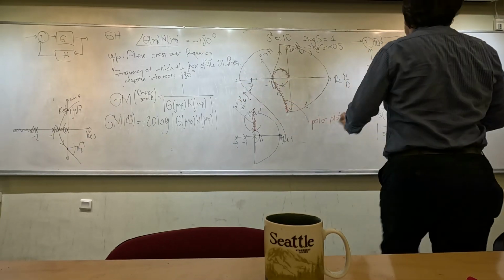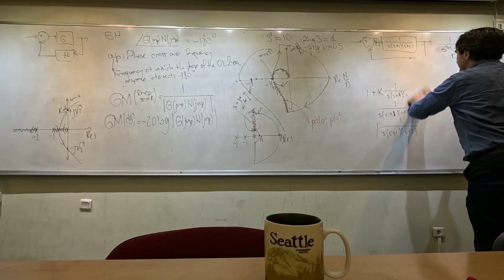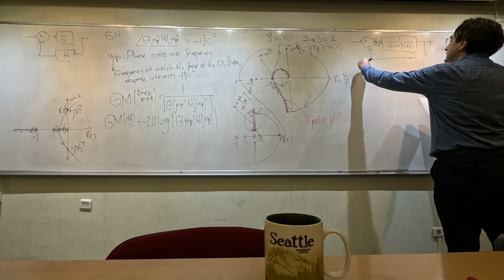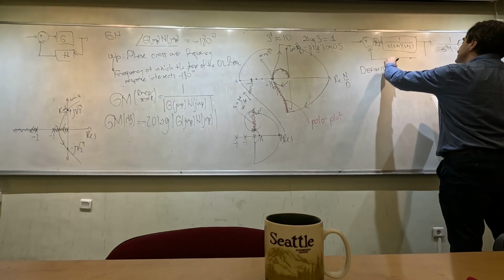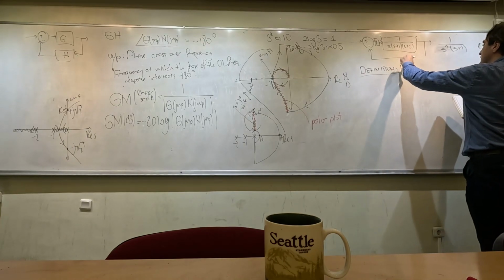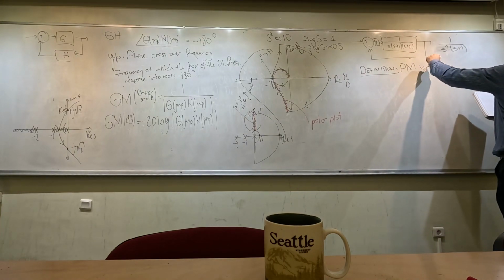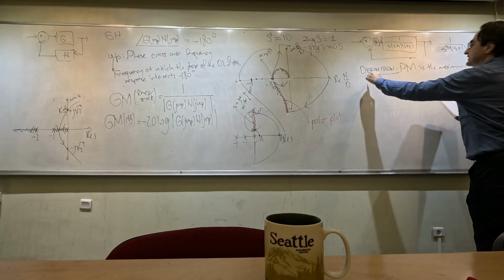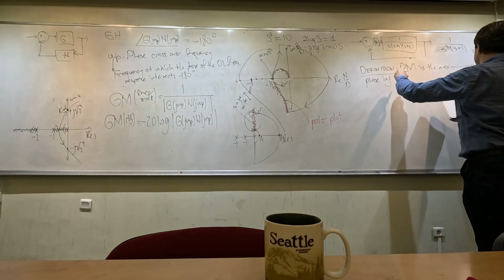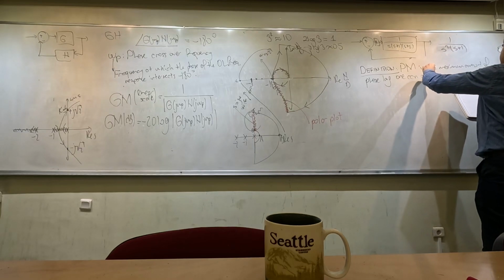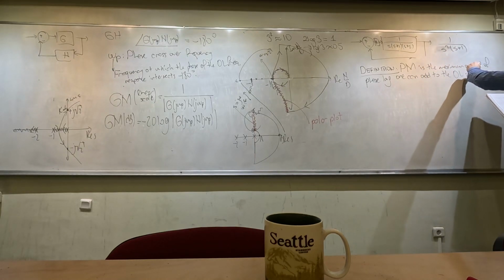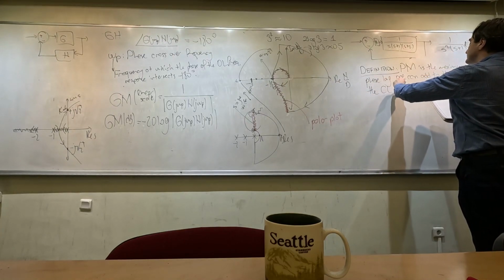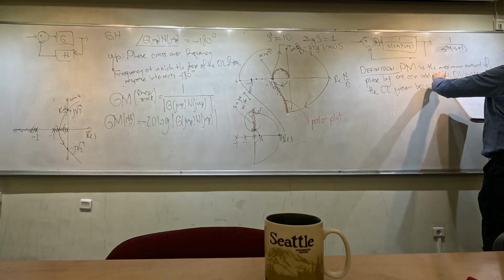So let me try to define what phase margin is. We are not going to be able to work much, but I can give you the main idea. Let me write the definition of the phase margin. Phase margin is the maximum amount of phase lag one can add to the open loop system before the closed loop system becomes unstable.